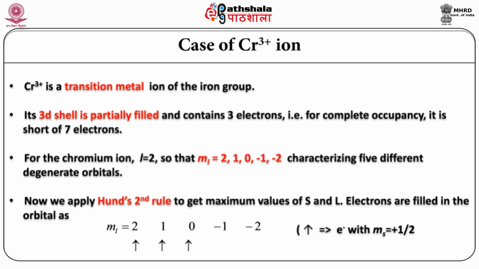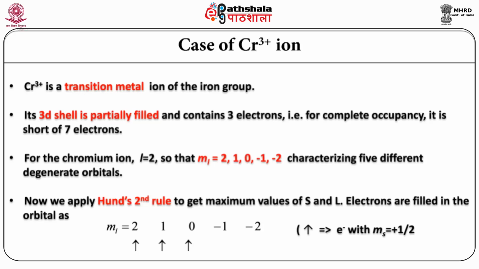Now, let us apply Hund's second rule to get maximum values of S and L. The electrons are filled in the orbitals as we see here below, and an up arrow indicates that the electron is pointing up with the quantum value of m_s equal to plus half. So, m_l is equal to 2, 1, 0, -1, -2, as we have seen in the third sentence of this slide.